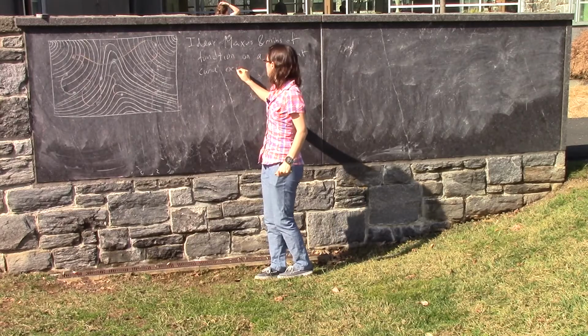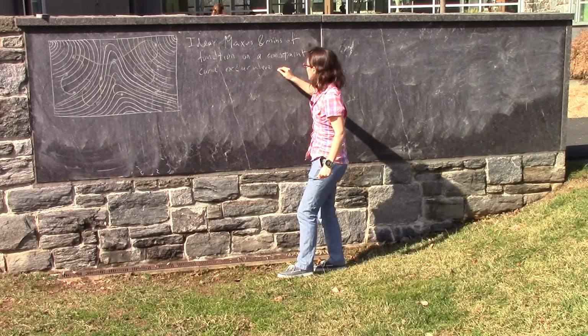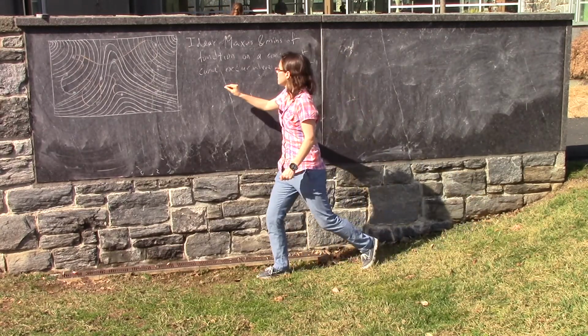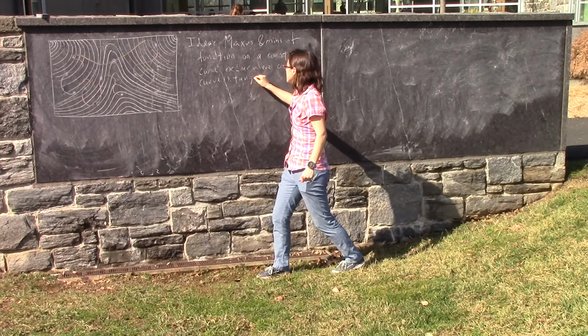So they occur where the constraint curve, the fence in this case, is tangent to a level curve of the function.